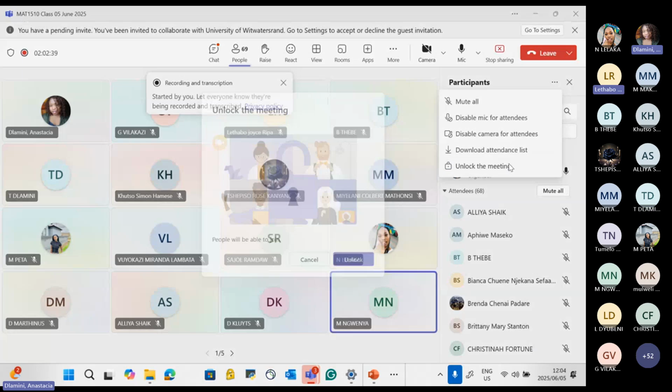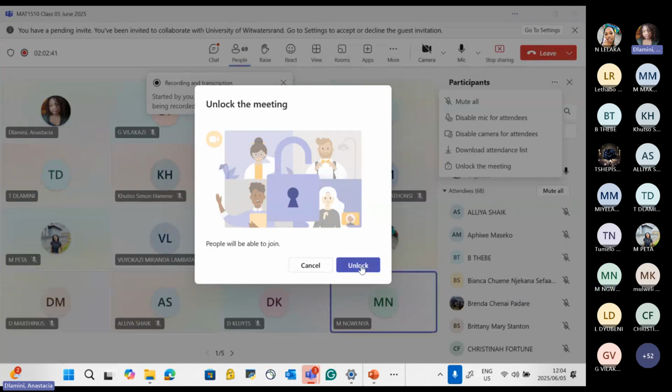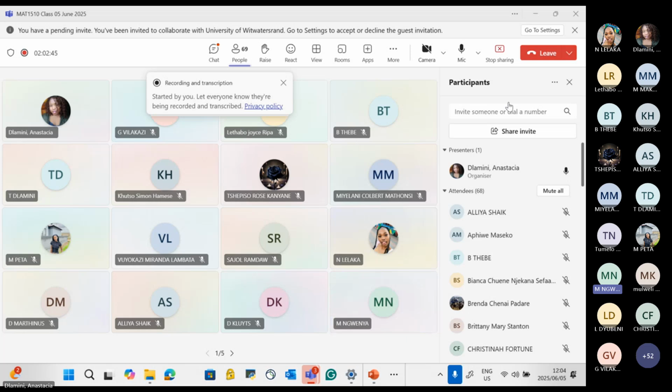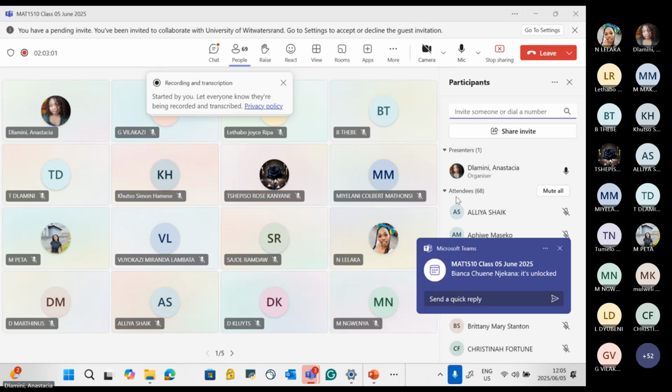So I'm unlocking it, then I go and drink water and then I come back. Then remind me to lock it. Sharp, sharp. Please someone type in the chat that it's unlocked. Coming back now.